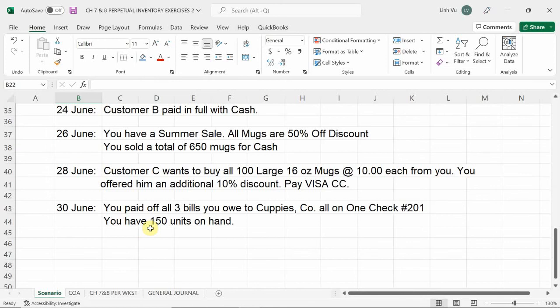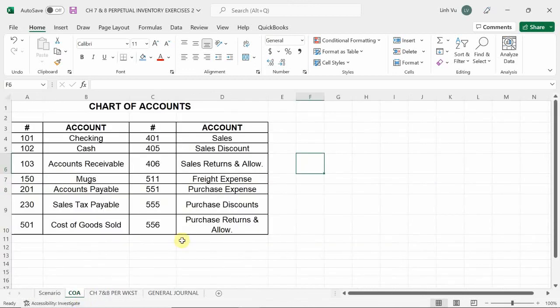And we said yes, we still have 100 large 16-ounce cups. Because he said, I want to buy them all, we decided to give him a 10% discount. When we sold it to him, he also paid with a Visa credit card. So how do I establish this? Let's take a look at my chart of accounts.